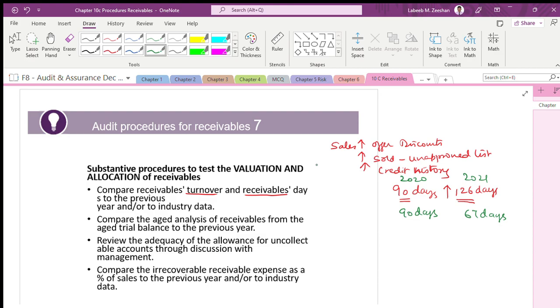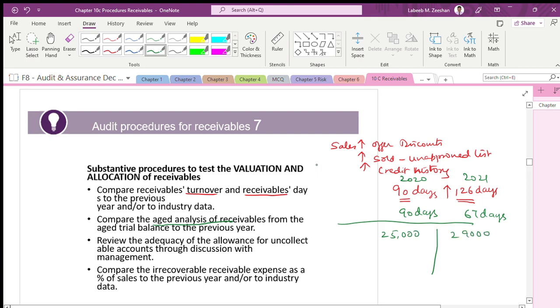Compare aged receivables of the current year with the last year. What is the amount? Last year aged receivables are 25,000. This year aged receivables are 29,000.